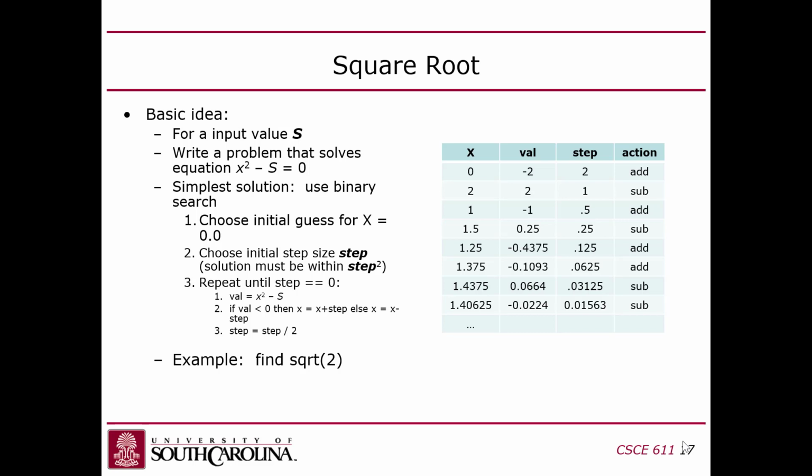So if you're too low, you increase your guess, and if you're too high, you decrease your guess, right? But by how much? Well, that's the question. In order to know how much to increase your guess, you have to know what sort of ranges you're talking about.